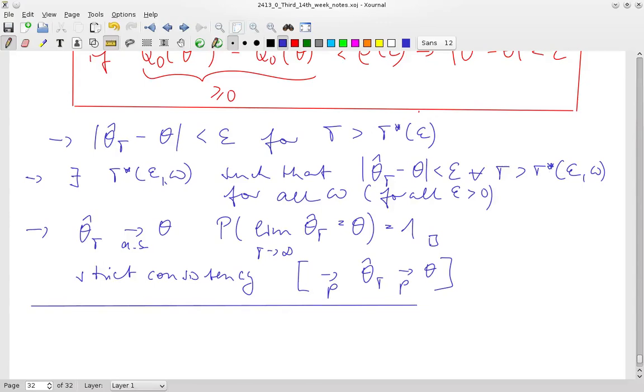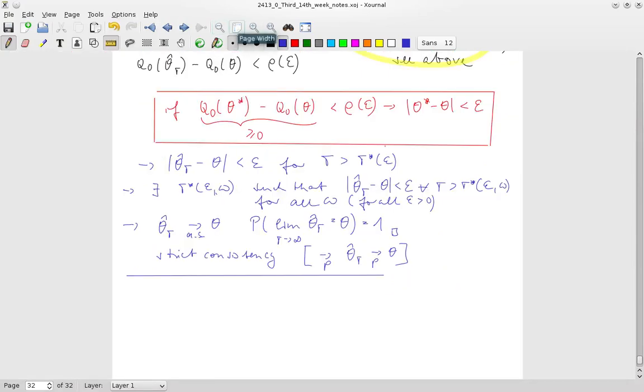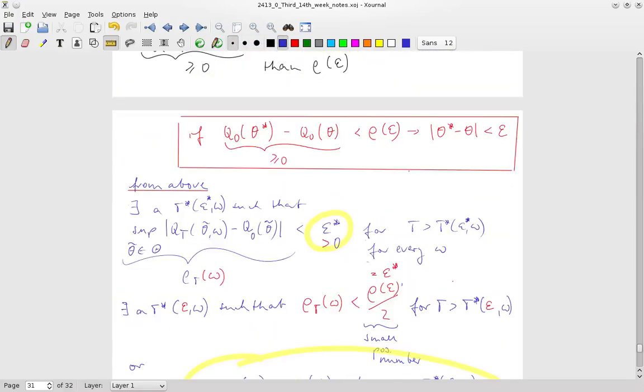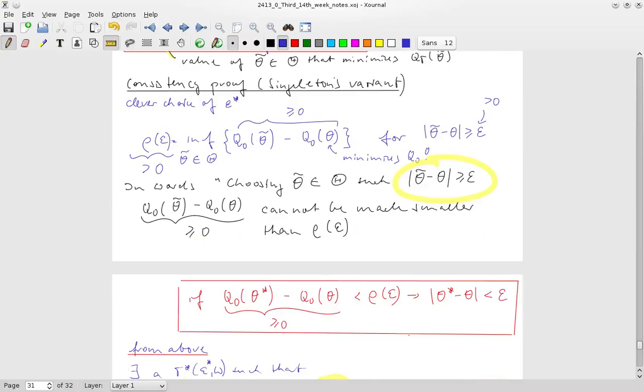Now note that this proof is pretty general, does not necessarily only apply to GMM, but other extremum estimators as well. It's pretty general, but also this convergence of the limit of the objective functions to this limit function is at the heart of the whole proof.